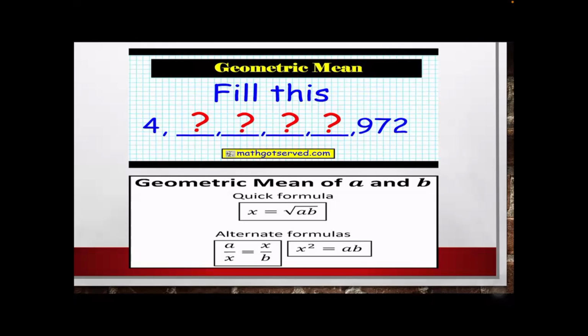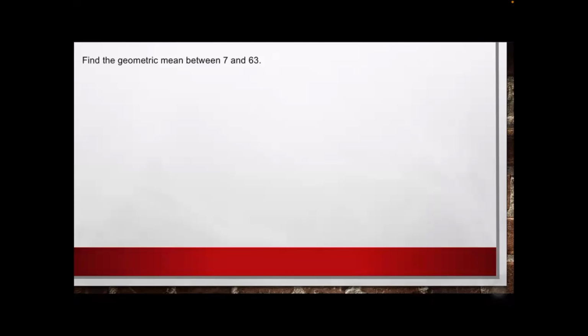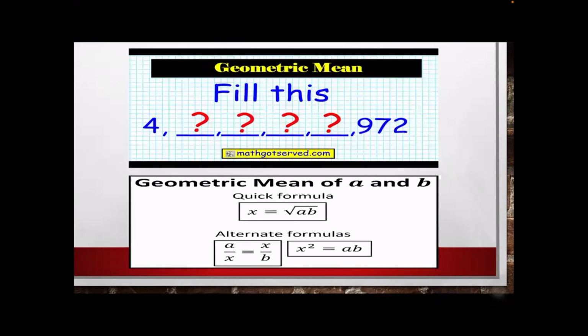Okay, so let's have the example. Wait lang. Ayaw mag-drag ng aking mouse. Okay, so we have here find the geometric mean between 7 and 63. So, let's use the general formula. Magkakaroon tayo dito ng 7, then blank, and 63. Pwede nyo naman gamitin to: x is equal to the square root of a times b.